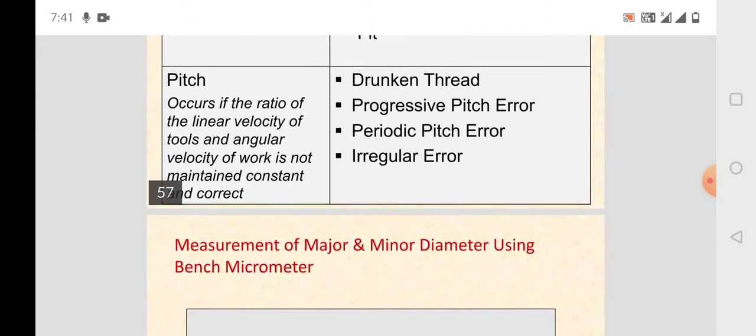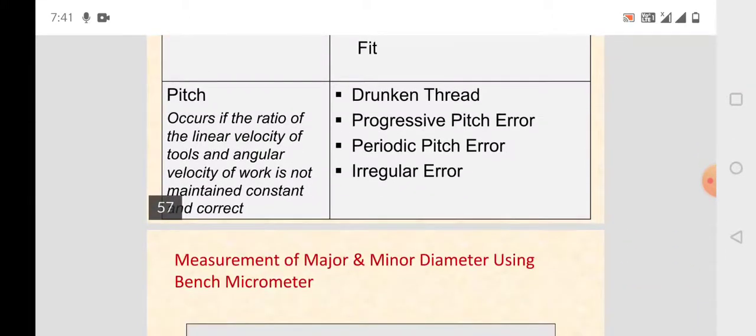Then if there is an error in the pitch, the thread will be disturbed, or it may be rejected actually, if we are not getting the pitch correct.